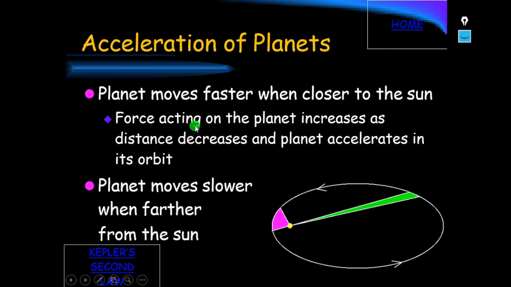The force acting on the planet increases as distance decreases, because the distance between the planet and the sun has decreased. Because of this, the force acting on the planet will increase, and force is directly proportional to acceleration.